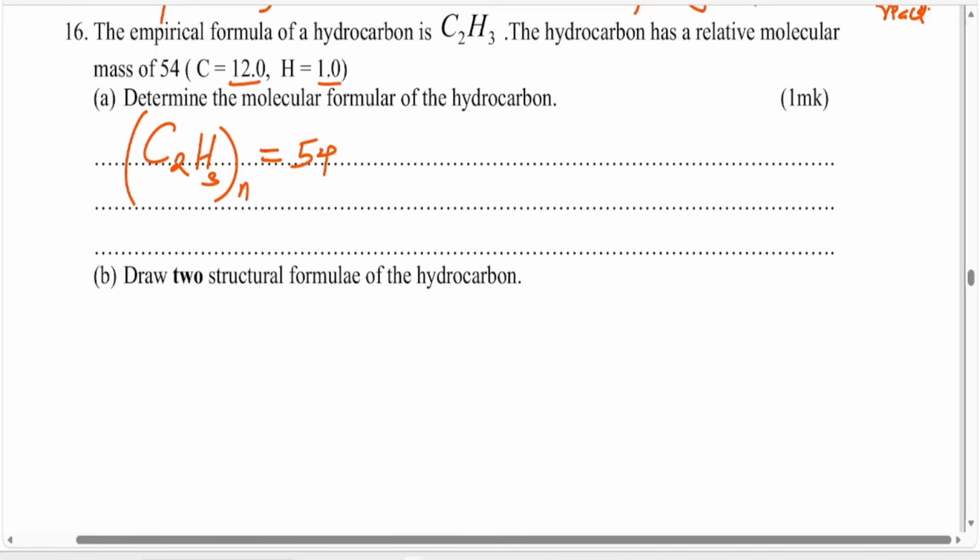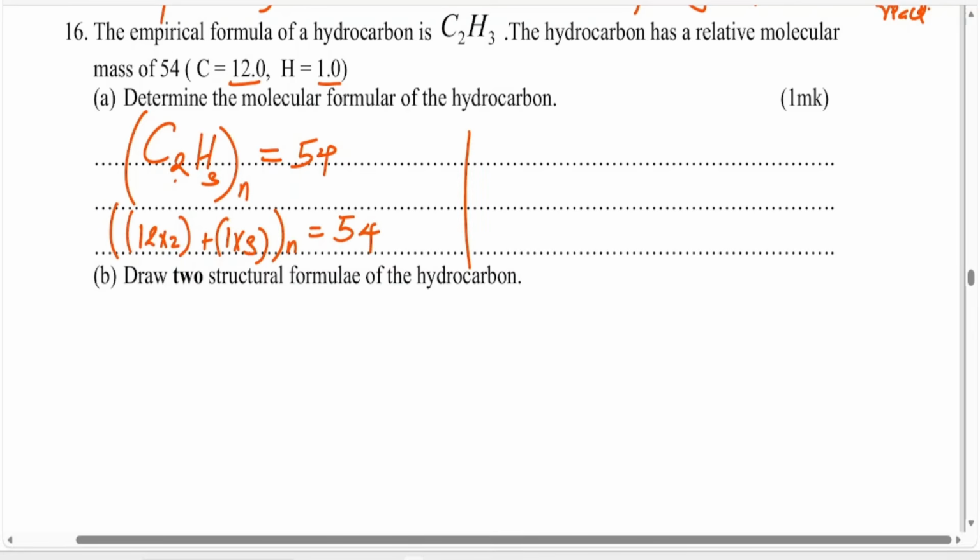This is to determine the number of atoms of this particular compound. Given that carbon is 12, we have 12 times 2 atoms, plus 1 for hydrogen times 3 atoms, into n, is equal to 54.